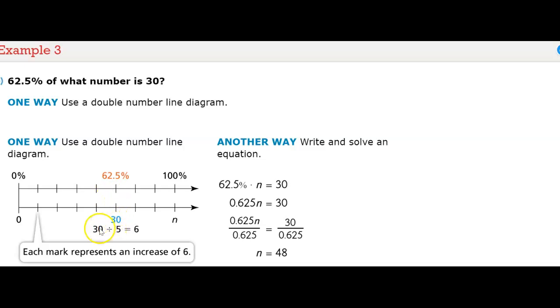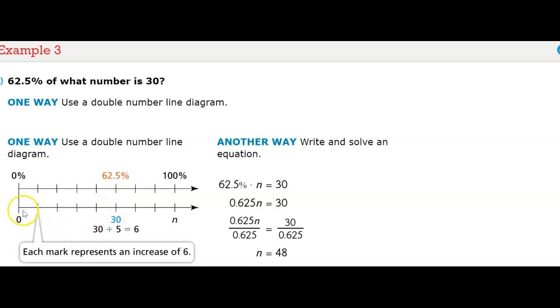This particular diagram has 8 of these marks, and it says each mark represents an increase of 6. So each time it's increasing by 6.